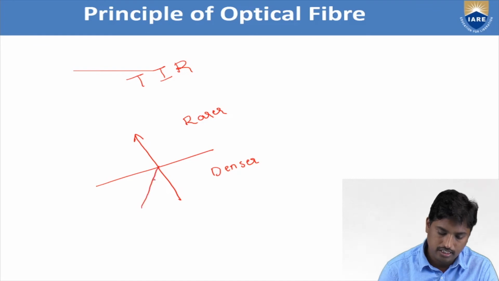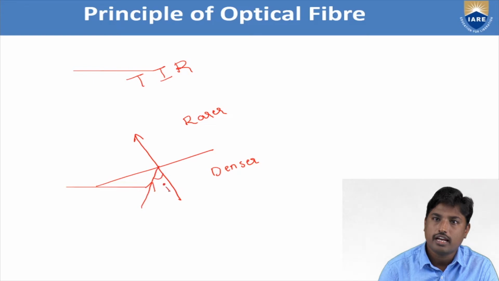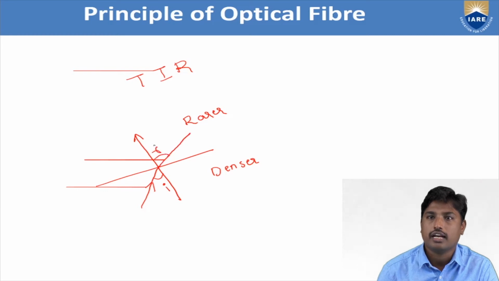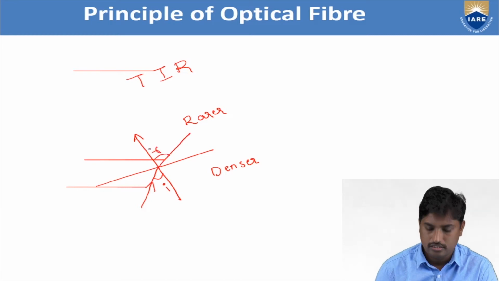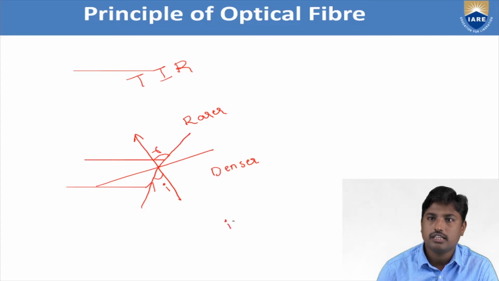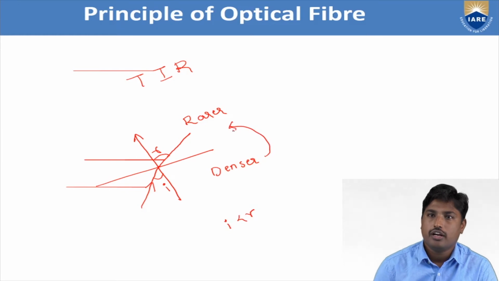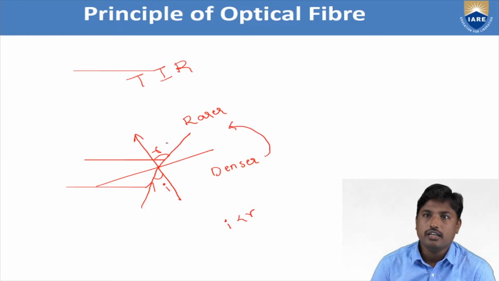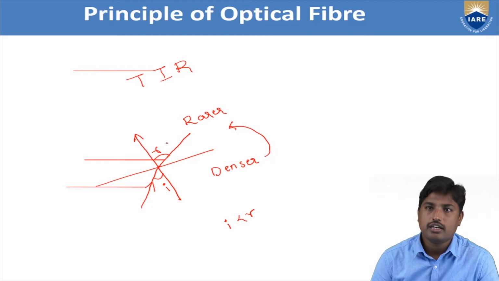This is the light ray, and this is called the angle of incidence, I. The angle of incidence is less than the angle of refraction, R. So I is always less than R when the light ray travels from denser to rarer medium. So it is not a total internal reflection.